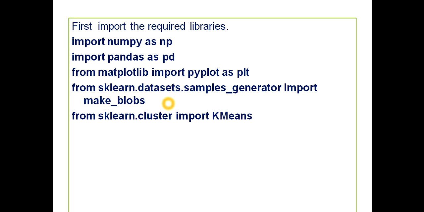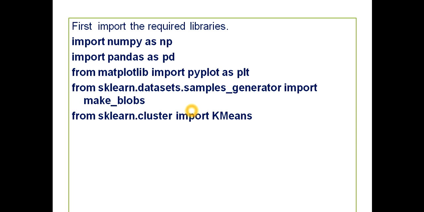These last two statements are very important. The first, numpy, we are using for linear algebra implementation, and pyplot is used to show you the figure, or to deal with the diagrammatic representation. So that's why we are using matplotlib.